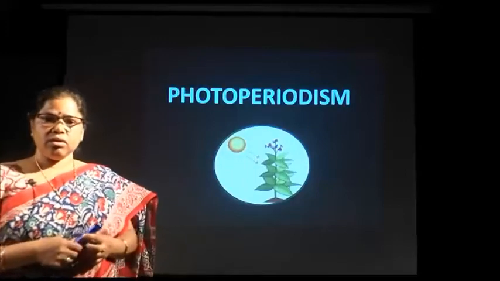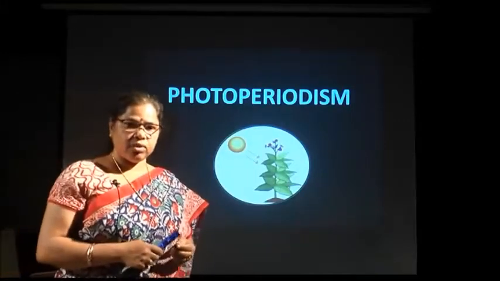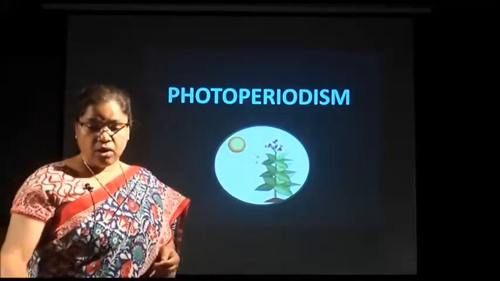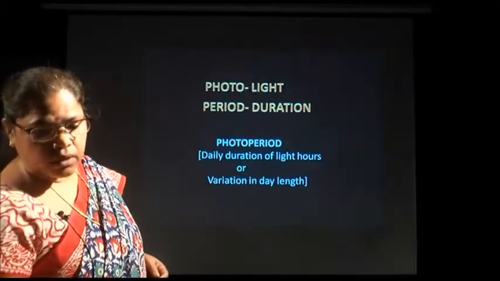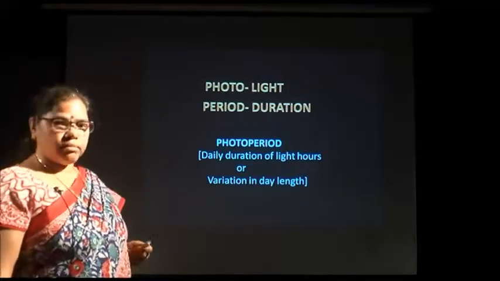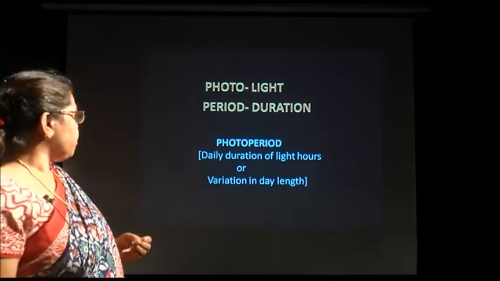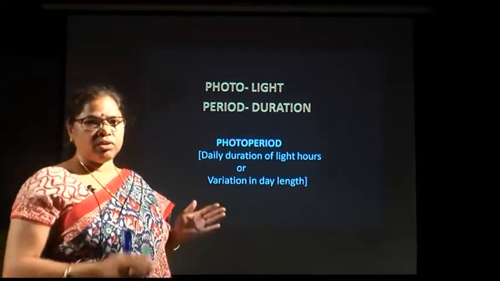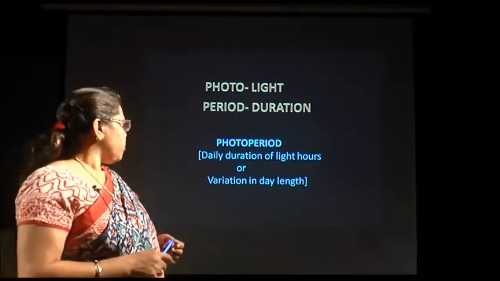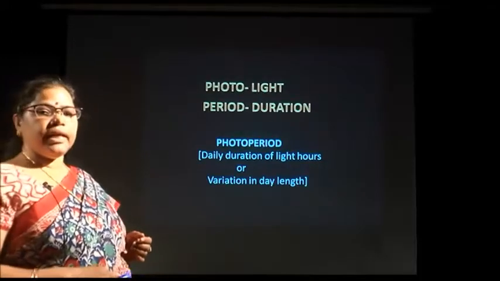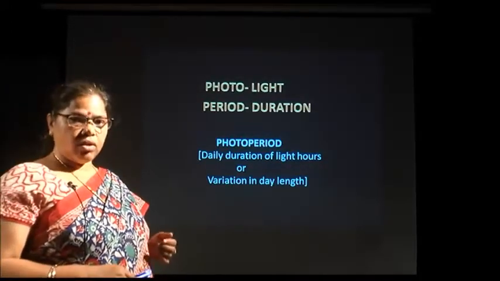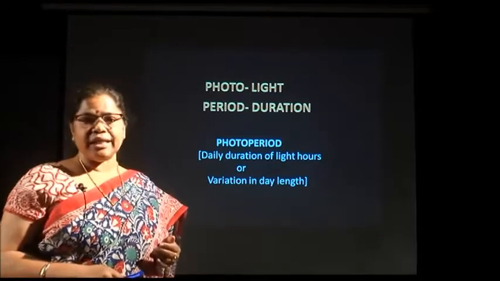We will discuss the next physiological aspect of growth and development, that is known as photoperiodism. So what is photoperiodism? As you know, photo means light and period means duration, the time period. So photoperiod is the daily duration of light, or it is also known as the variation in day length.